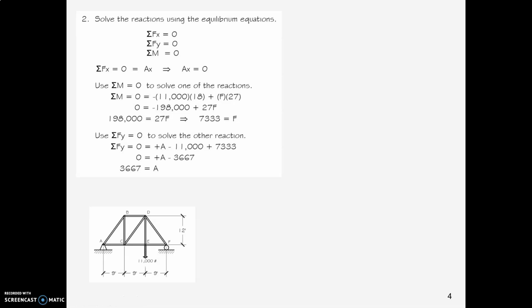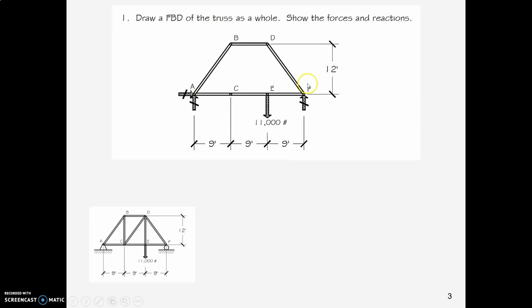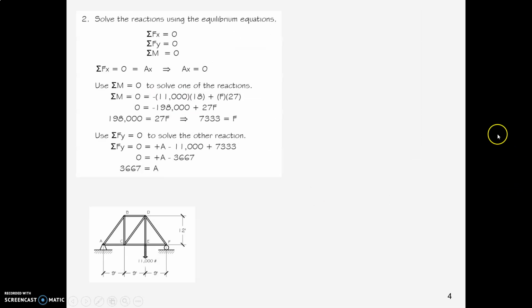And now, step two, I'm going to solve those reactions. Well, let me back up here. Looking at this free body diagram of the truss as a whole, how many forces in the X direction do you see? Only one. You only see this reaction at A in the X direction, and if all the forces in the X direction add up to 0, that one must be 0.